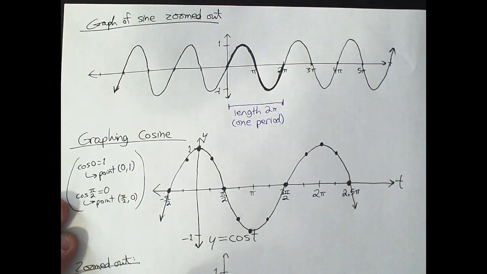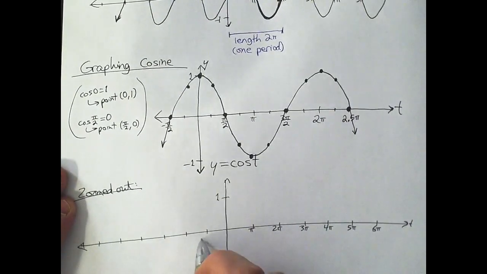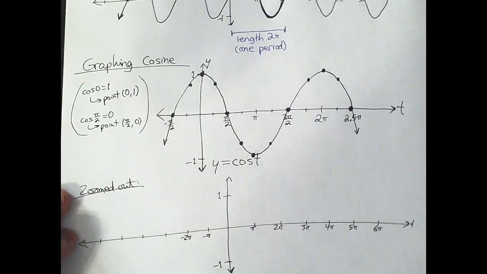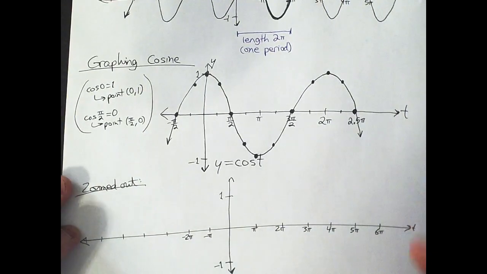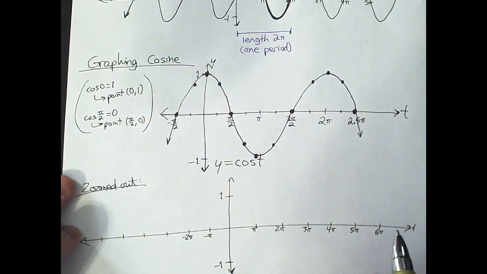Notice that on the t-axis, I'm not labeling 1, 2, 3, 4, 5. I'm going with pi, 2 pi, 3 pi, multiples of pi, because they seem to be useful for this. Okay. We could draw the part that we had in our first picture of cosine.